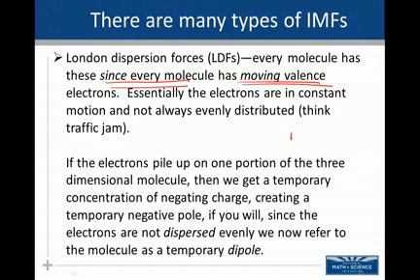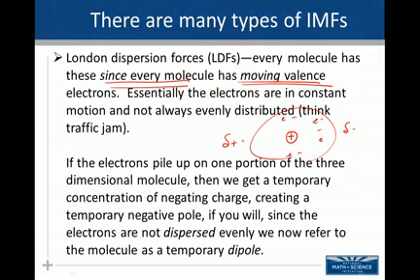So around a given nucleus, which I'm just going to signify with a positive sign, not meaning a single proton, in that electron cloud, you've got electrons all floating around out here. At some point on this particular atom, there may be a traffic jam where these electrons end up more on one end of the molecule, making it slightly negative, leaving an absence of negative charge over here, which leaves that end slightly more positive.